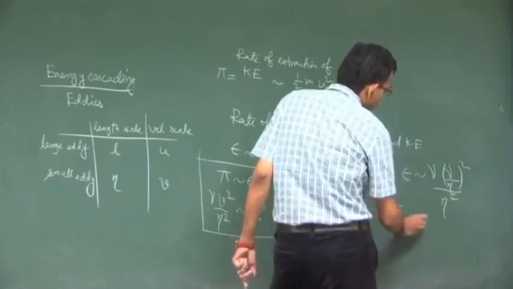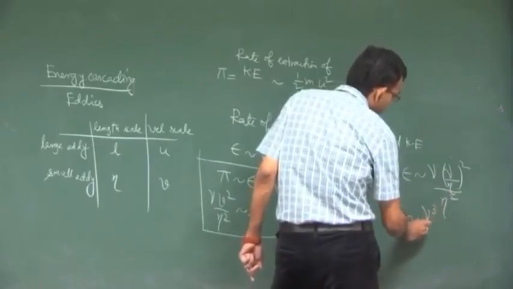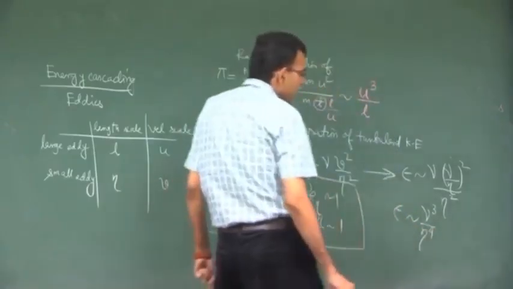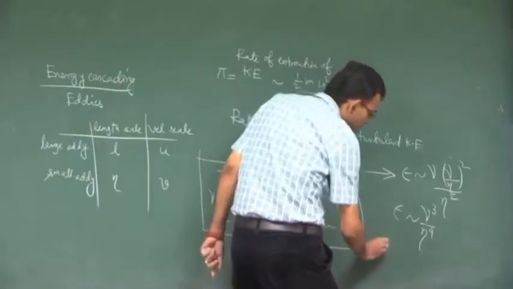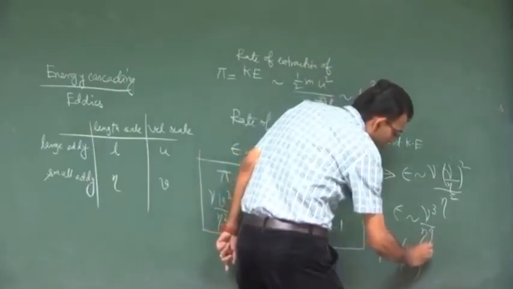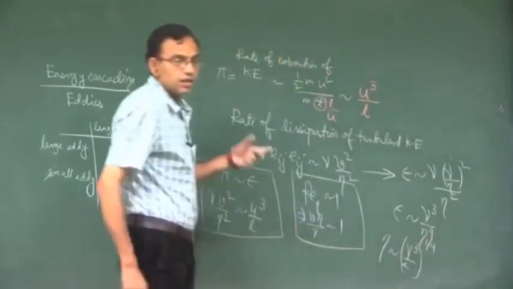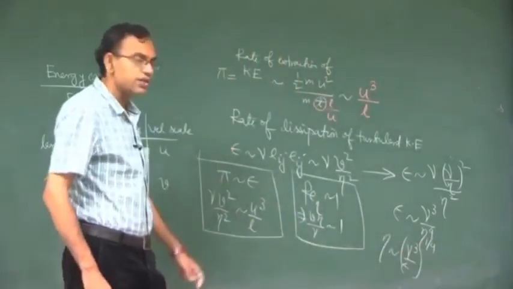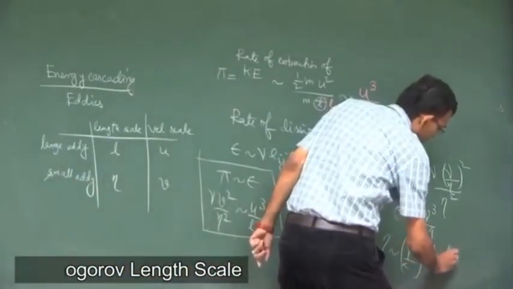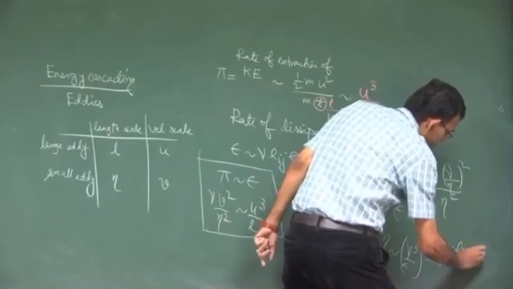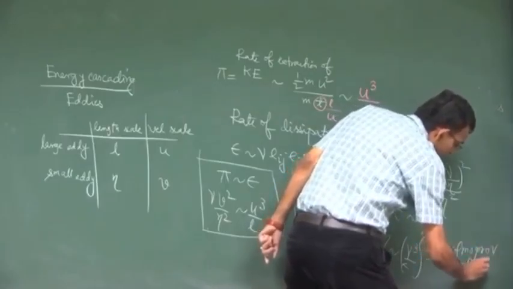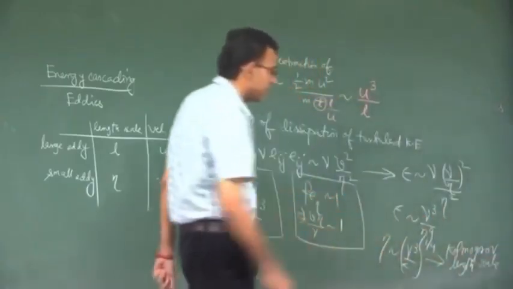So, epsilon is of the order of nu cube by eta to the power 4. So, eta is of the order of nu cube by epsilon to the power 1/4. This smallest eddy length scale is called the Kolmogorov length scale. And V is the Kolmogorov velocity scale.